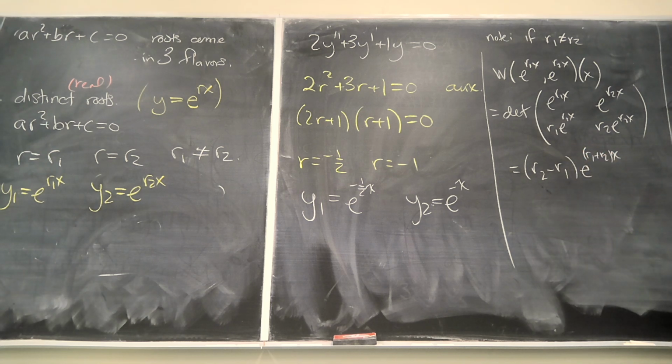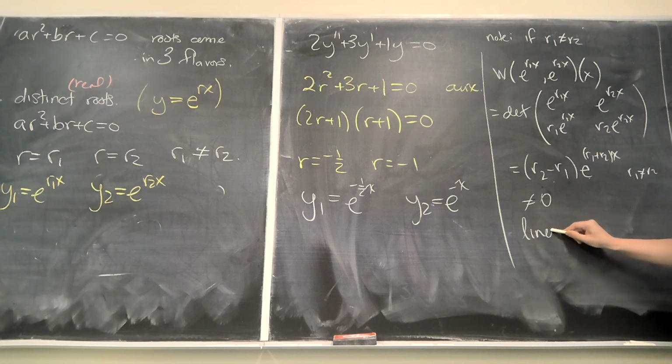If r1 is not equal to r2, then that's not a 0 number, that's never 0, so this is never 0, which means they are linearly independent.